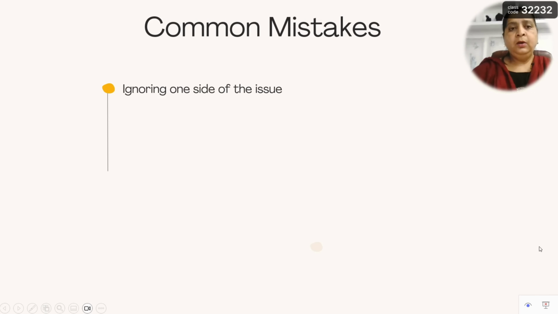Now, one of the major mistakes a candidate can make is discussing a topic which is not even mentioned in the prompt. For example, in the current prompt that we are discussing, working and living in a foreign land is being discussed. But candidates make the mistake of discussing an advantage of living in a foreign country and a disadvantage of living in a home country.